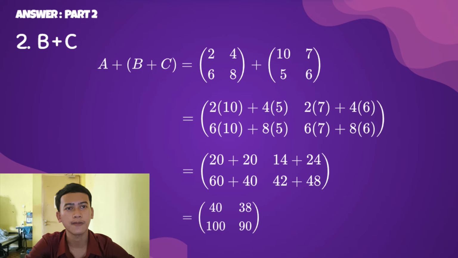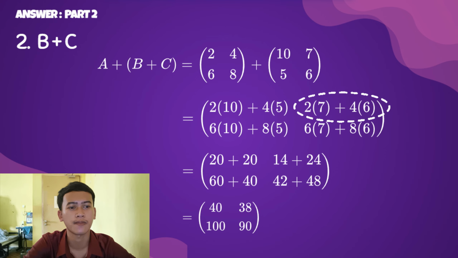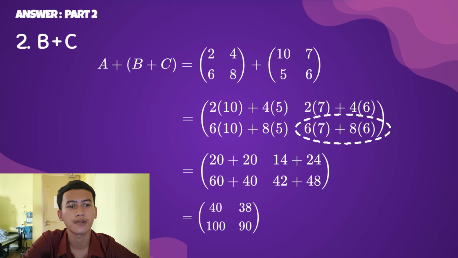Same as before, 2 times 7 in bracket plus 4 times 6 in bracket, and 6 times 7 in bracket plus x times 6 in bracket.